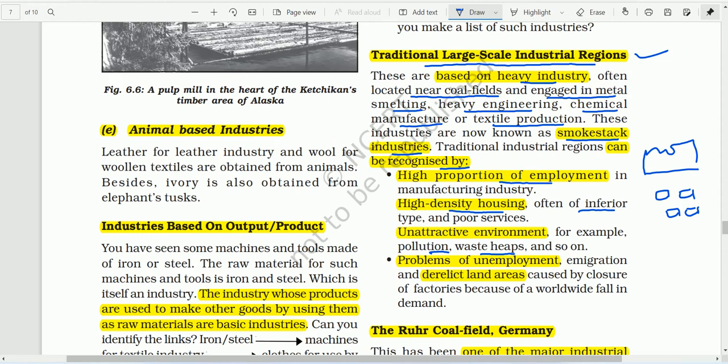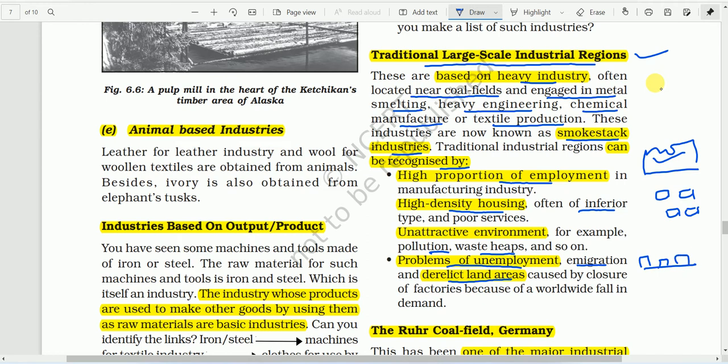Then in the long run, there is a problem of unemployment, emigration, and derelict land areas caused by closure of the factories because of a worldwide fall in demand. If there is a fall in the demand for the product, then the factory will be closed and may be dismantled, leaving the land useless.